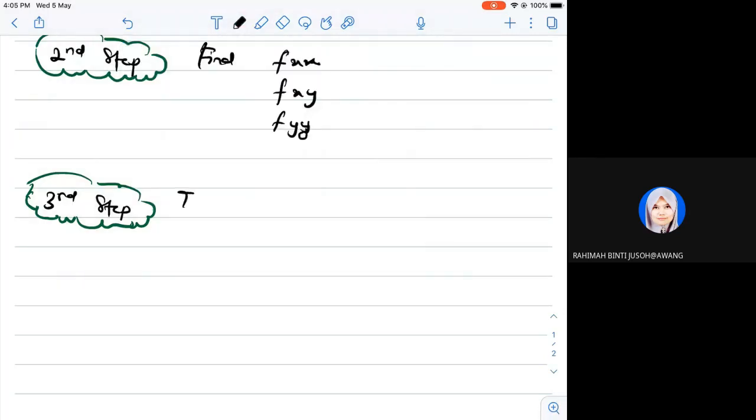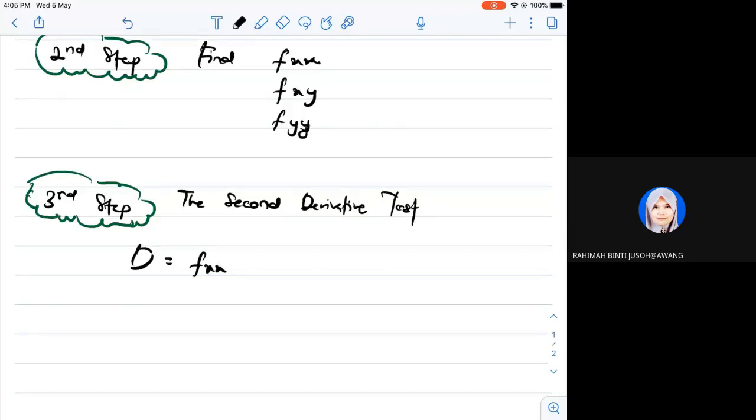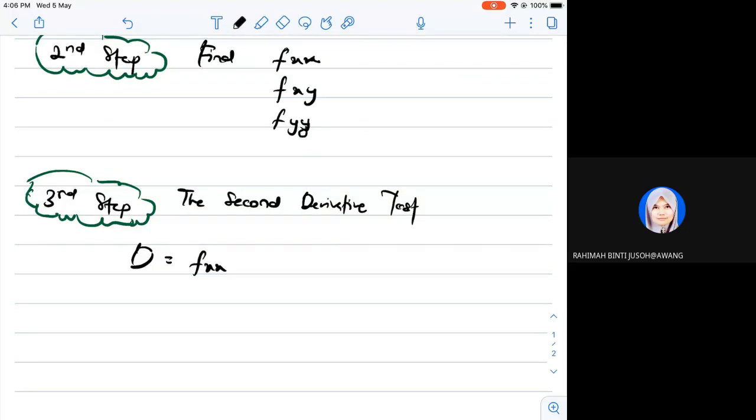The second derivative test says that you have to find D, where the formula of D is fxx, the fxx that we calculated earlier, multiplied by fyy, minus fxy squared. Like this. Okay, so you have to calculate your D.